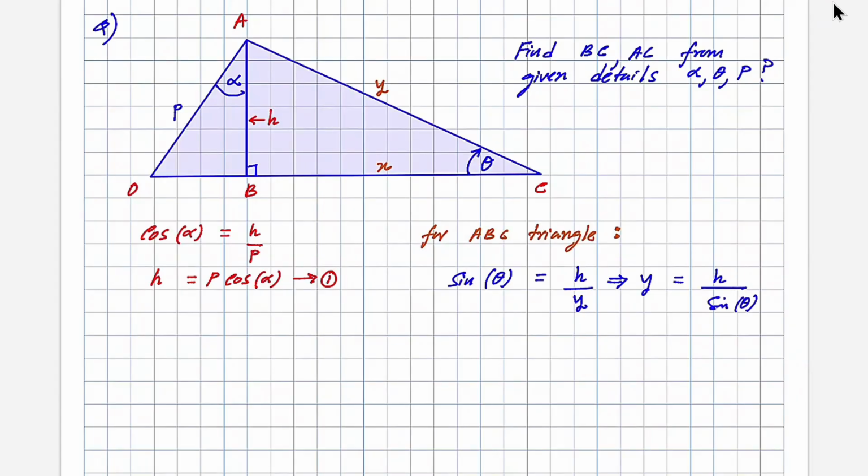All good? Now you can do the substitution for h. So y is equal to, your h is going to be p cos alpha, so this is going to be p cosine alpha divided by sine theta. That's the answer.